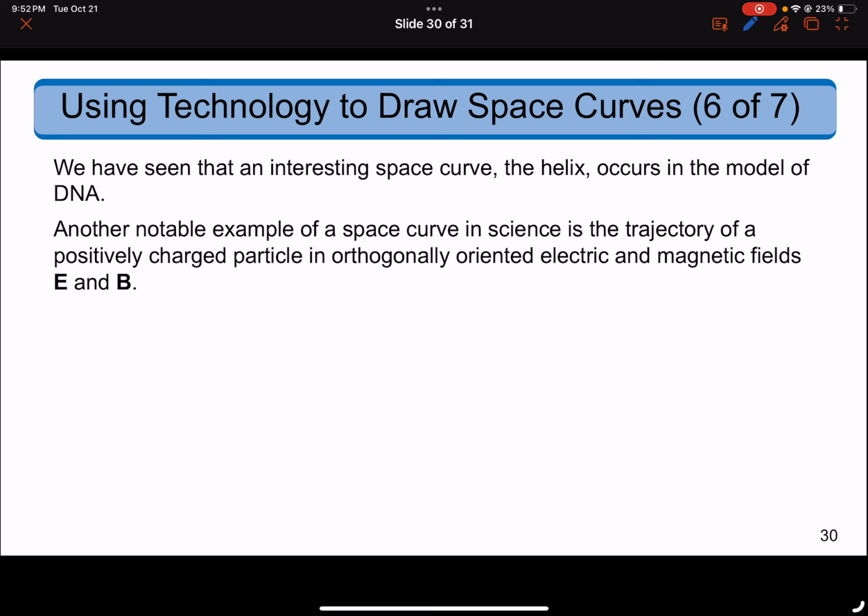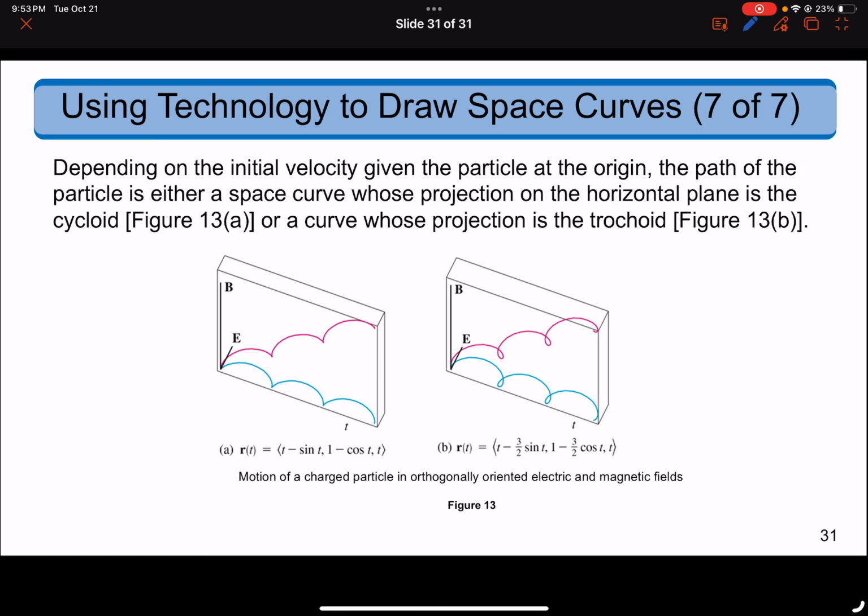We have seen that an interesting space curve, the helix, occurs in the model of DNA. Another notable example of a space curve in science is the trajectory of a positively charged particle in orthogonally oriented electric and magnetic fields E and B. Depending on the initial velocity given to a particle at the origin, the path of the particle is either a space curve whose projection on the horizontal plane is a cycloid, or a curve whose projection is a trochoid.